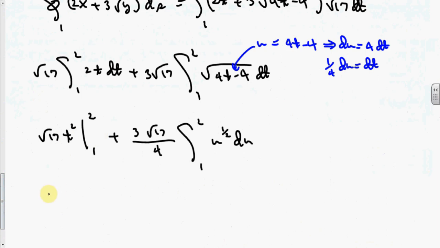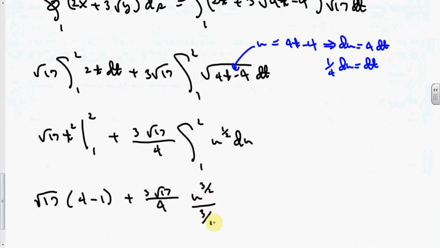So this is square root of 17 times 4 minus 1, plus 3 times the square root of 17 over 4. We evaluate this u square, that's u to the 3/2 divided by 3/2, and the 4t minus 4 is the u, evaluated from 1 to 2.